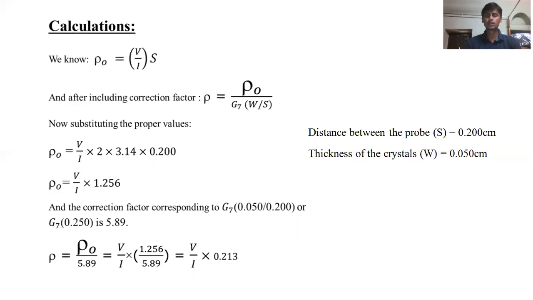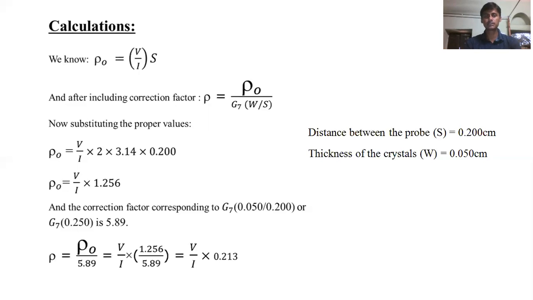So rho equal to rho naught by G7, and you know the value of G7 is 5.89. So rho equal to V by I into 1.256 by 5.89. After calculation by the calculator, rho equal to V by I into 0.213. So this is the resistivity equation.